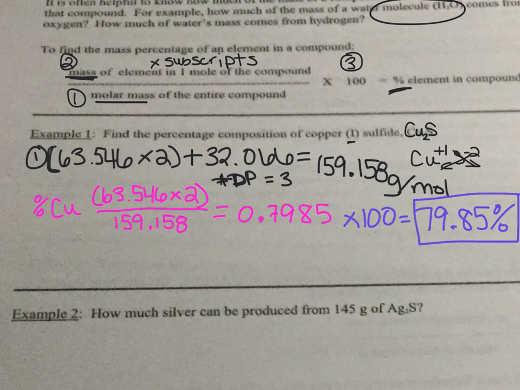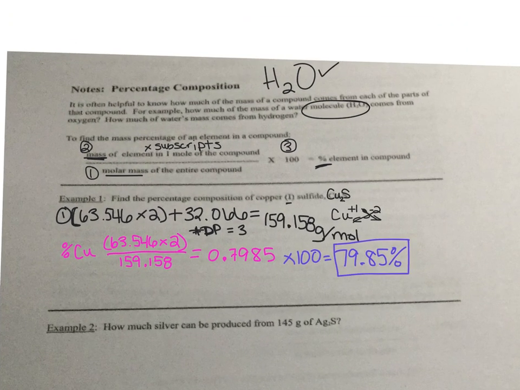Okay, so a couple things that I want to make note of, and you might add this to the top of your page. For percentages, I just want 2 decimal places for your answers. Keep it simple. Don't worry about sig figs, they get crazy.